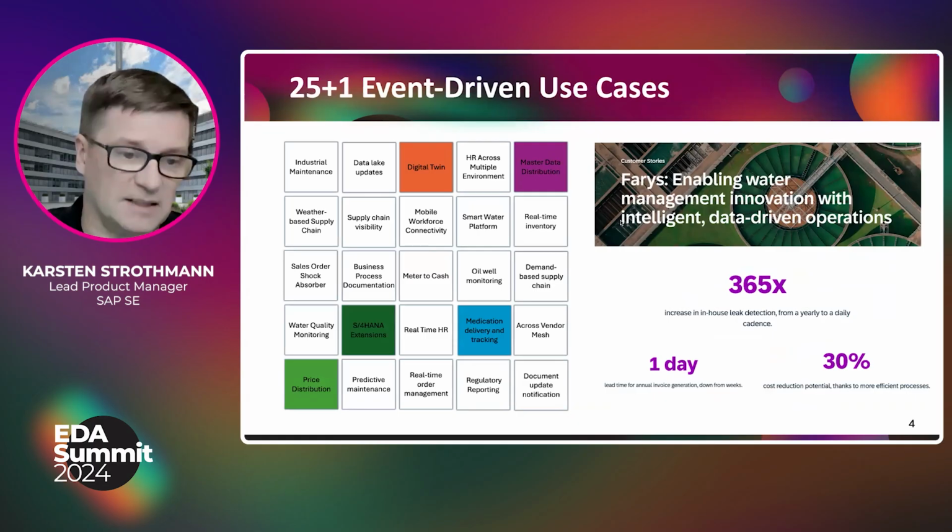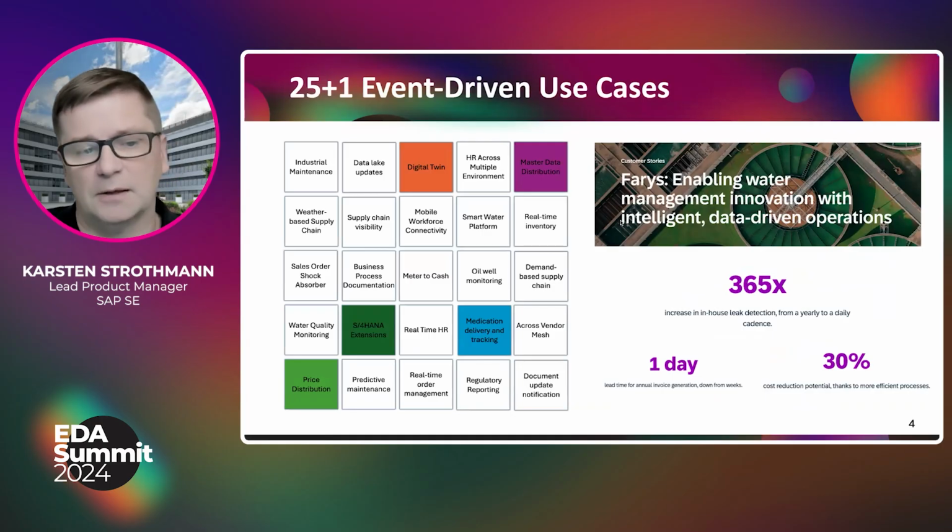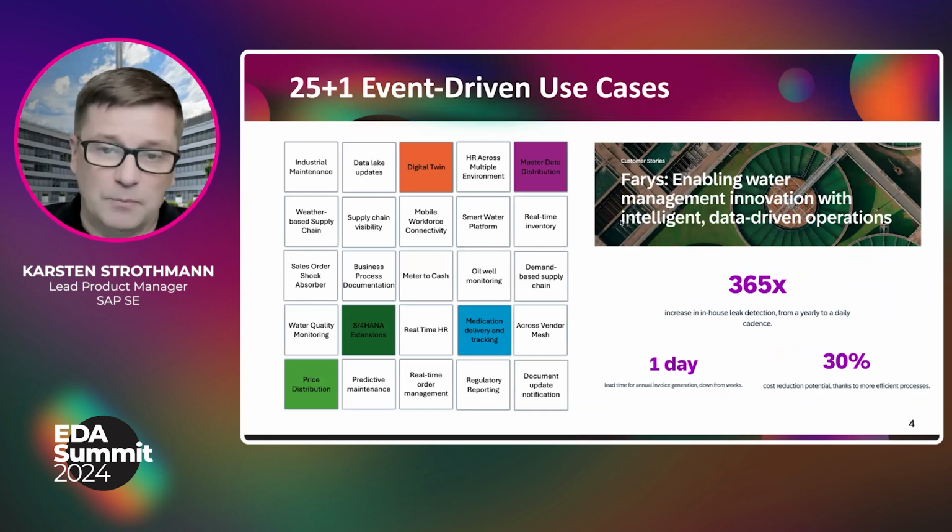S4HANA extensions. SAP S4HANA covers a lot of business processes. Sometimes our customers like to do small adjustments. In a lot of cases, that's possible doing key user extensibility on the S4HANA side. Nevertheless, in some cases, you need more.